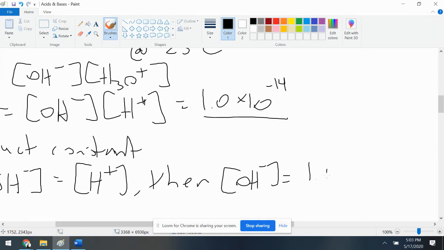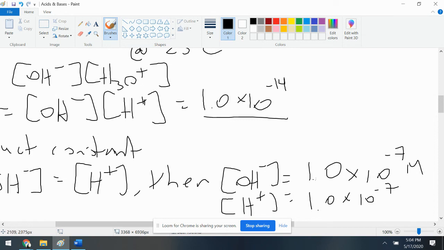You could probably use a calculator to figure this out, and if not, you can probably do this in your head. 1.0 times 10 to the negative 7 molar, and that means your H plus concentration is also 1.0 times 10 to the negative 7 molar.